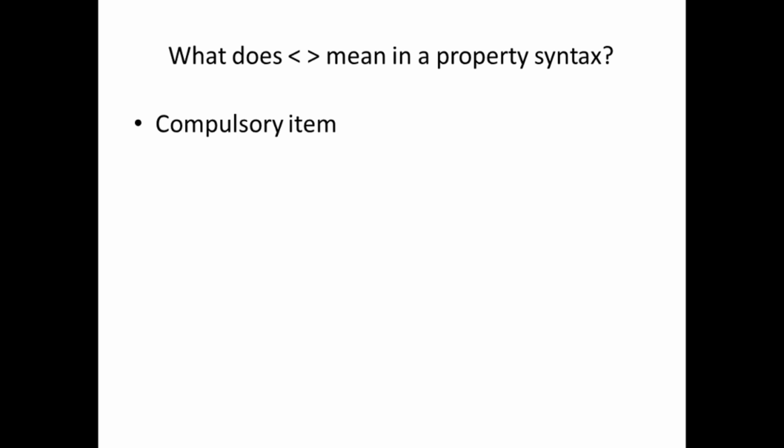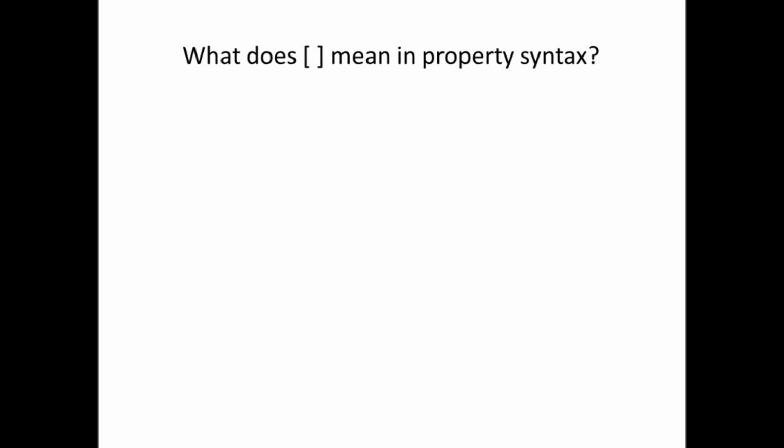Remember, triangular bracket means compulsory item. And what does square bracket mean in property syntax? That is optional item. So if some option is written in between square bracket, then it is optional.